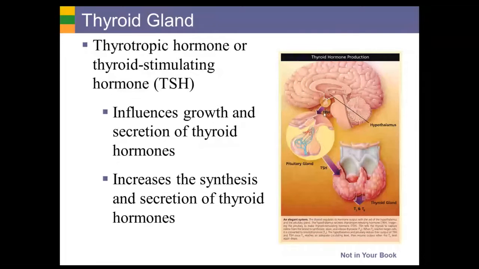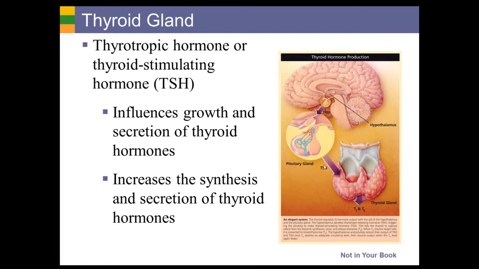The hypothalamus releases thyroid releasing hormone. Excuse me, I'm messing this up. You don't have to know that, but it does. It releases hormone onto the anterior pituitary gland. The anterior pituitary gland then releases thyroid stimulating hormone.